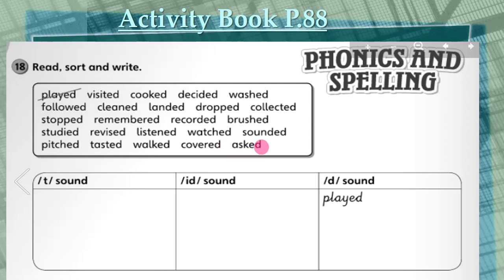You can go back to the words that I gave you and check which one is the t, the id, or the d sound if you can't recognize it from the pronunciation. Do this exercise, then pause the video, play it again and check your answers.